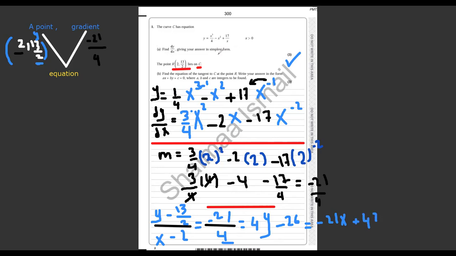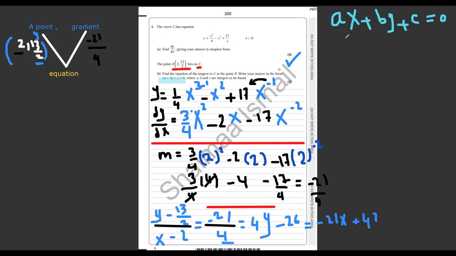You need giving your answer in the form, and we have to respect this form. So we have to say this is ax plus by plus c equal to 0.